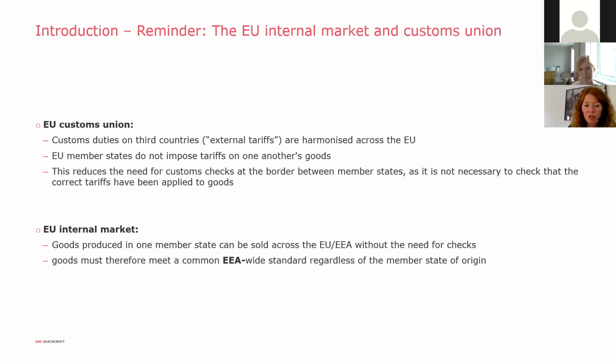And when I talk about the EEA, I mean the three countries which are in the European Economic Area, so Norway, Liechtenstein, and Iceland. They are in the internal market, but they're not in the customs union. And this is, for example, why there's been this recent agreement with Norway. So that's just as a broad overview.